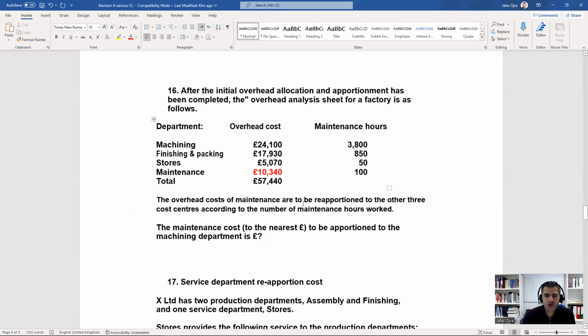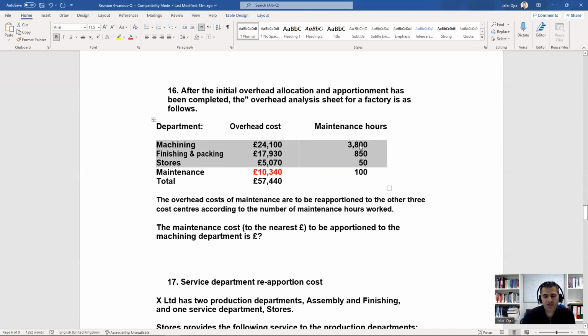Now the question asks that we need to reapportion the maintenance, which is 10,340, to the other three departments based on the hours here. So what are the hours?